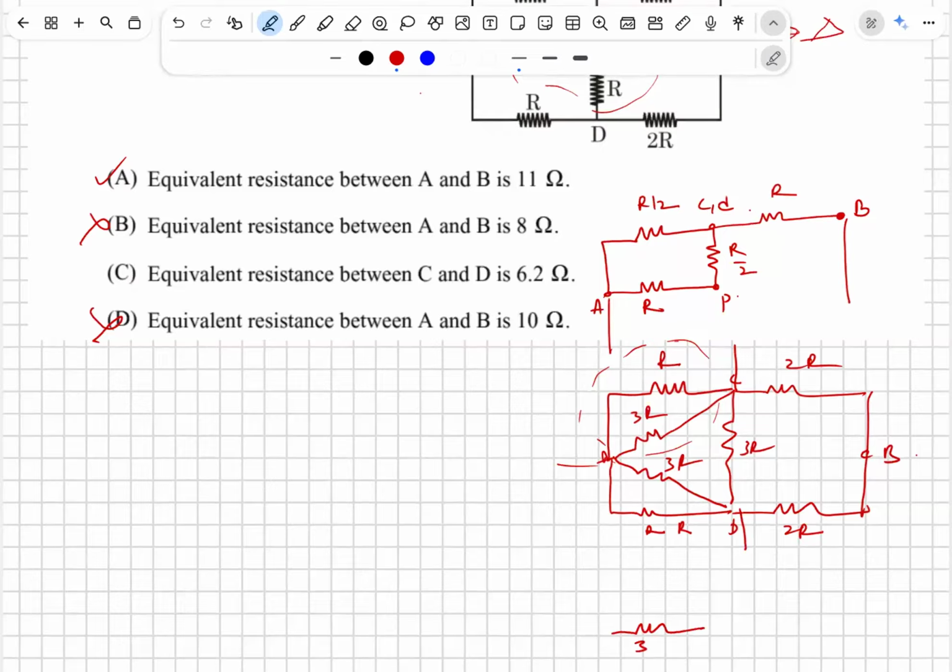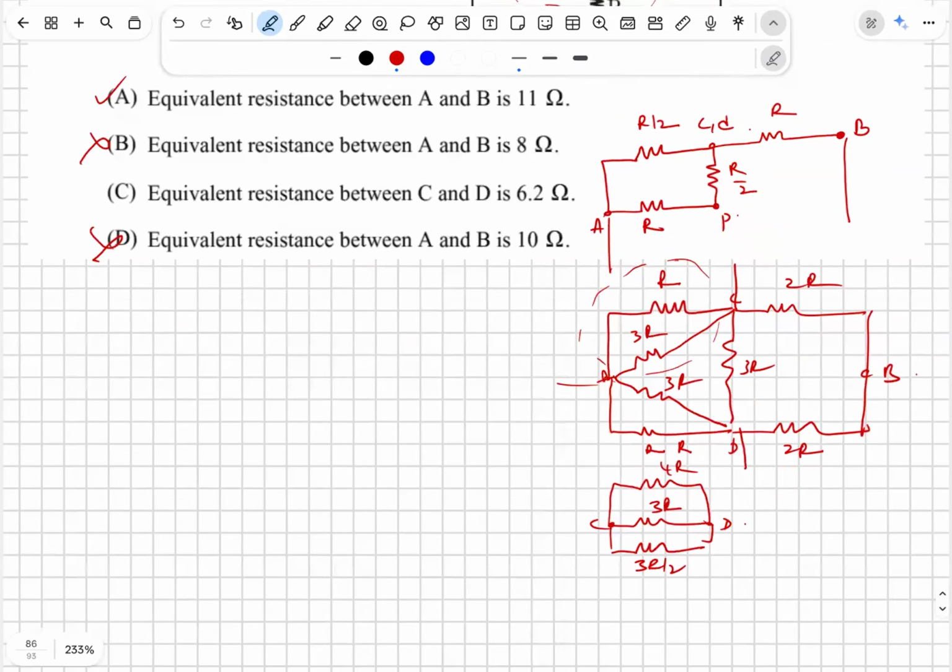Lower circuit is 3R by 2, and there is one 3R, which is this one is C, this one is D, and above is 4R. All this is parallel. So finally, this is 2 by 3R plus 1 by 3R plus 1 by 4R. is R effective across CD.